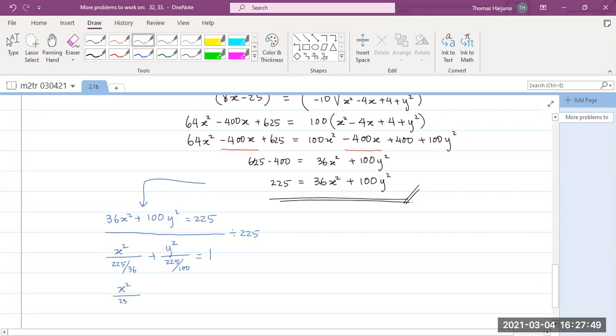That's 25 over 9. And here, if I reduce by 25, that will be 9 over, actually, that will be 9 over 4 equals to 1.